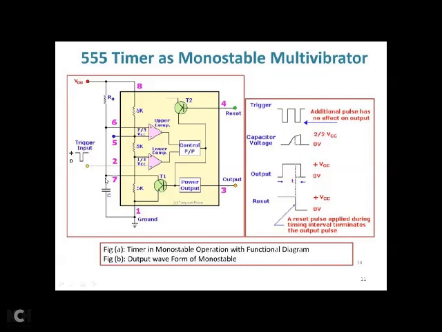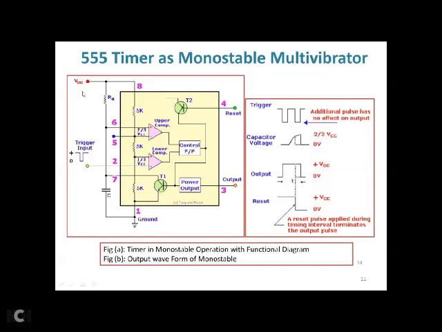Initially the output is at low potential. Because of the triggering pulse, it will go to high state, and it remains in high state until the capacitor voltage reaches 2 VCC by 3, so that comparator becomes 1. That means reset is equal to 1, output Q is equal to 0, Q bar is equal to 1. So this transistor will turn on, and the capacitor starts discharging.